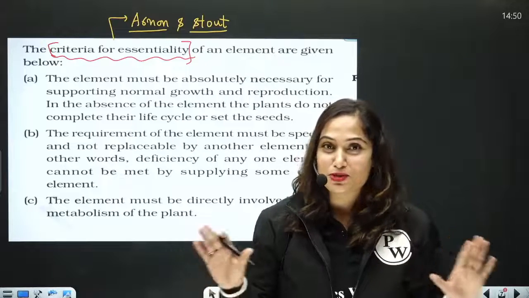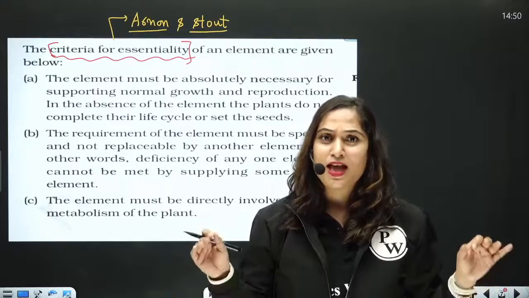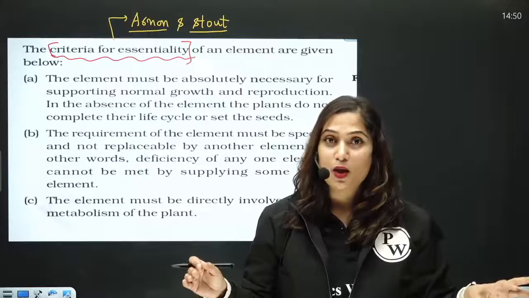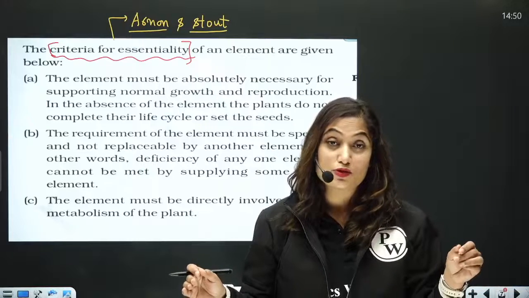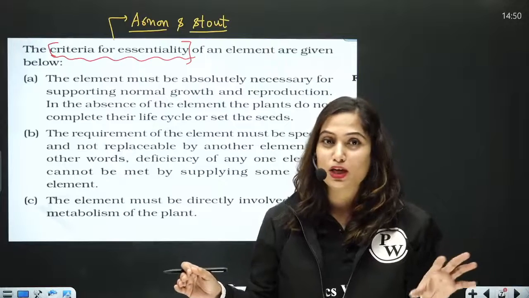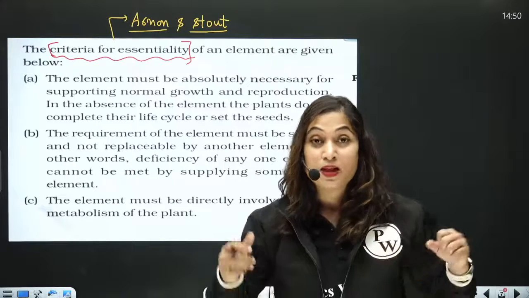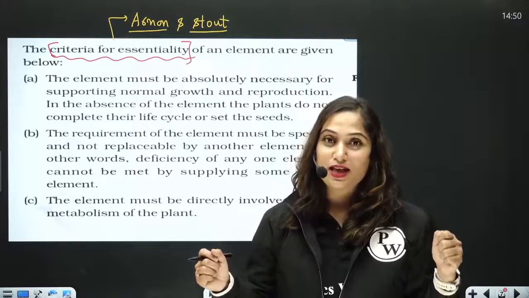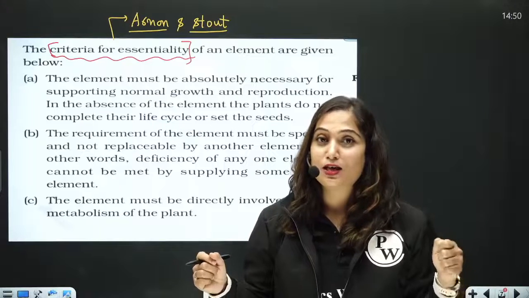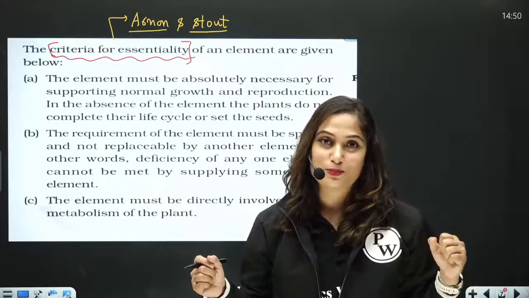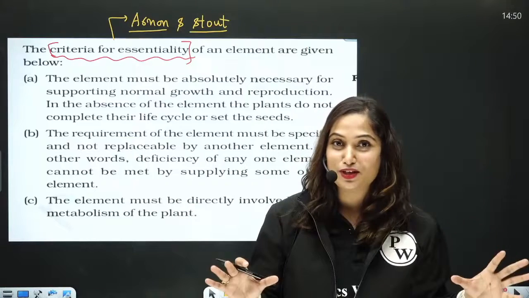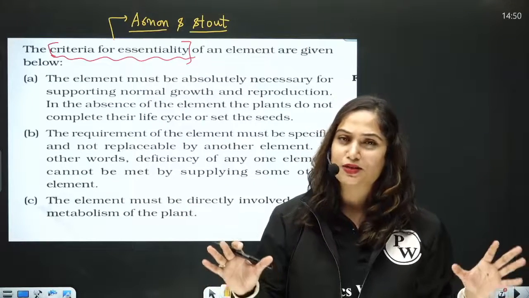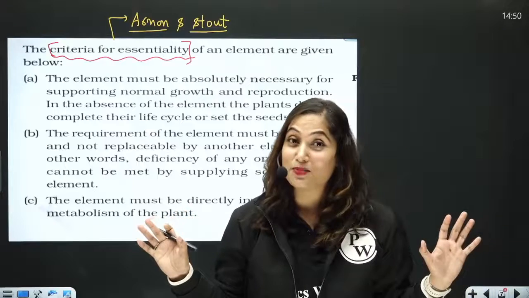And if you do not provide that mineral element to the plant, there must be some deficiency symptoms shown by the plant, like yellowing of leaf or stunted growth. And that mineral element should be directly involved in the metabolism of the plant. If all these criteria are fulfilled by a particular element, then for sure it is an essential mineral element.